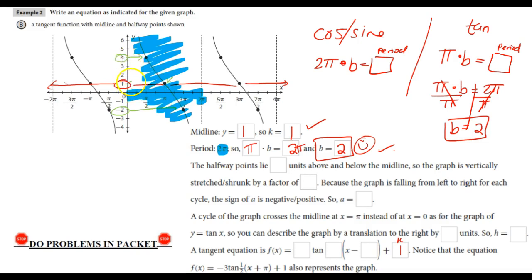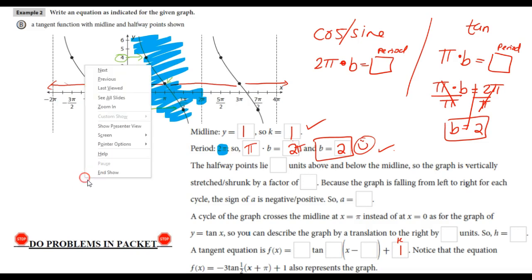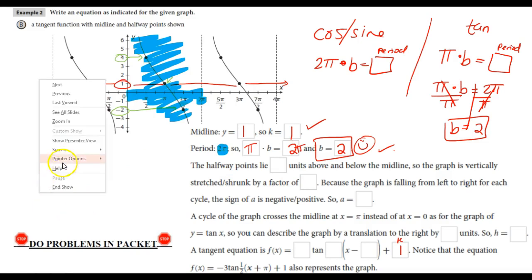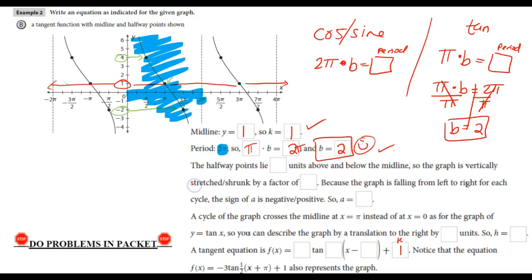So what would be the distance, if you had to count that up, between 1 and 4? Just like, what's the distance between 1 and -2? So take some time, count. I believe you can do this. Try it out. And you'll notice that our halfway point lies about 1, 2, 3, about 3 units above and below the midline.